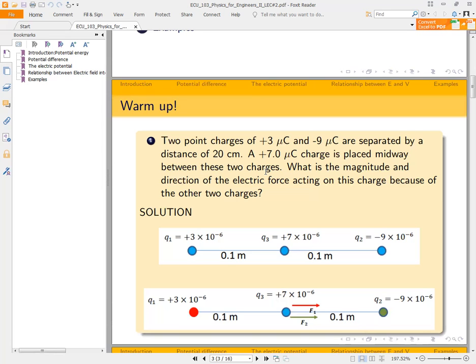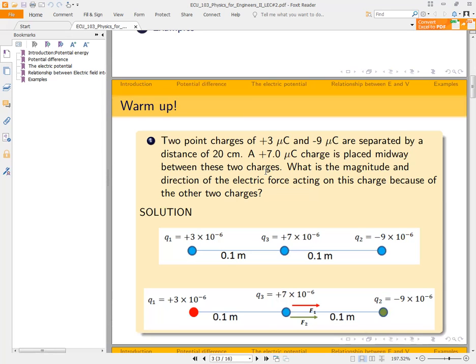You have 2 point charges. One is 3 microcoulombs and the other is -9 microcoulombs. They are separated by a distance of 20 centimeters. Then a 7 microcoulomb charge is placed midway between these two charges. What is the magnitude and direction of the electric force acting on this charge because of the other two charges?